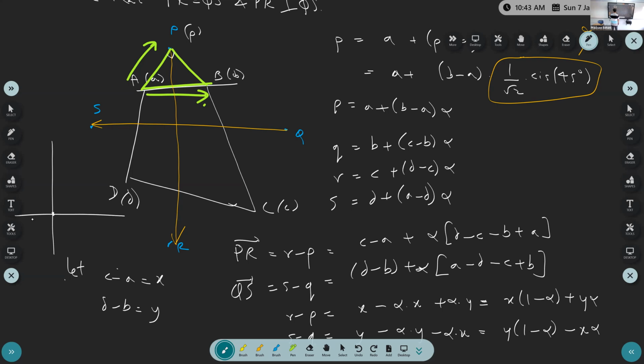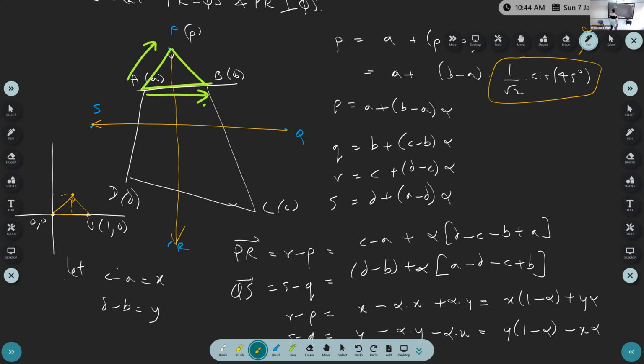So this is my origin, this is my unit point. Just imagine that if I do that same operation to the unit point, where am I going to go? If I do the same rotation and dilation, forming the same 45, 45, 90 triangle, what is the coordinate of this point? That is my alpha. You see, it is half plus half I. Both x and y coordinates are half, 0.5.